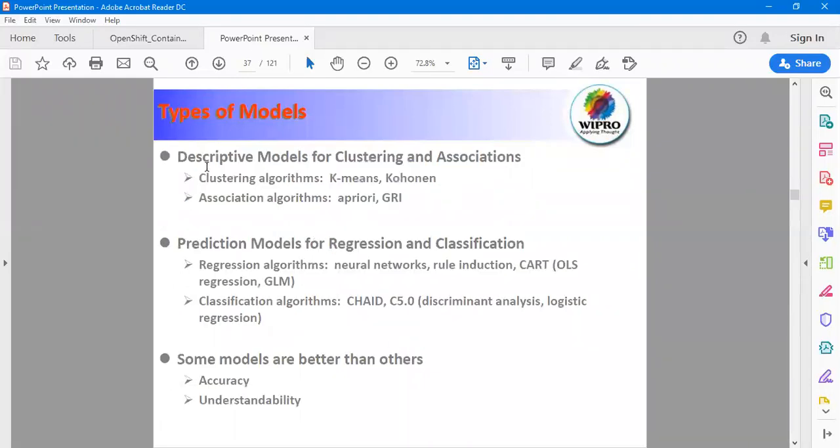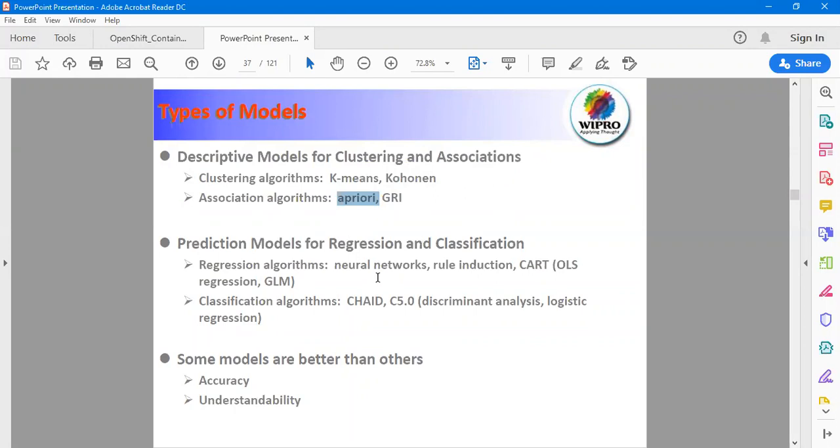So let's have a look at what the algorithms are for each technique of the respective model. Descriptive modeling for clustering and associations. For clustering, commonly used algorithms are k-means and Kohonen. We'll see one of them. For association, it is Apriori and GRI.